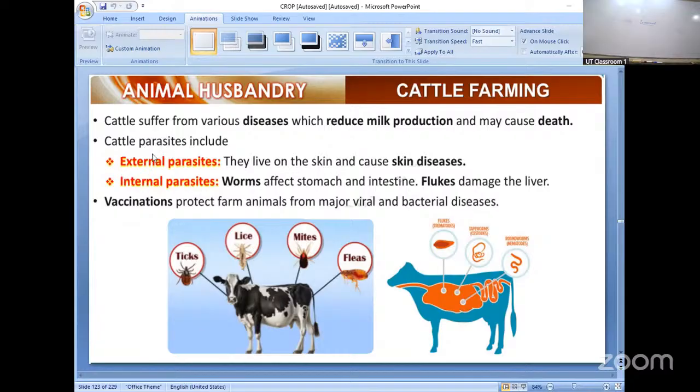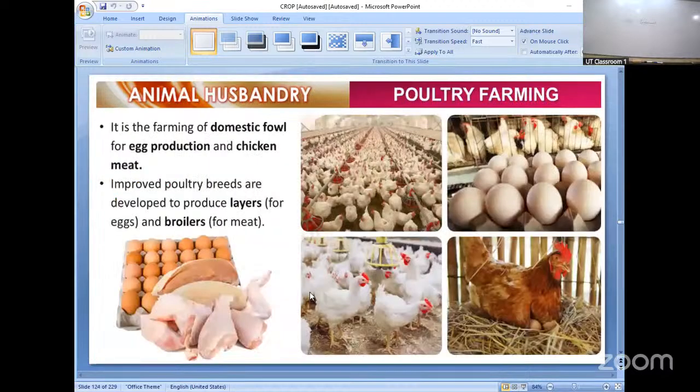Cattle parasites cause skin diseases, and the internal parasites or worms affect the stomach and intestine of these animals. So, to prevent all these things, vaccination should be given to the animals so that there will be no attack of viral and bacterial disease.